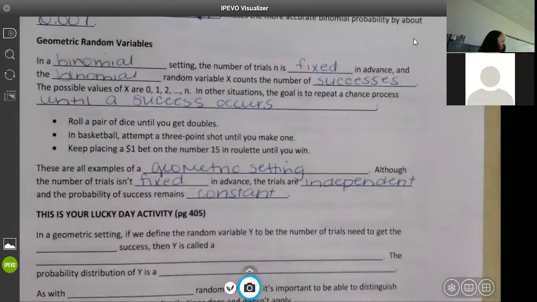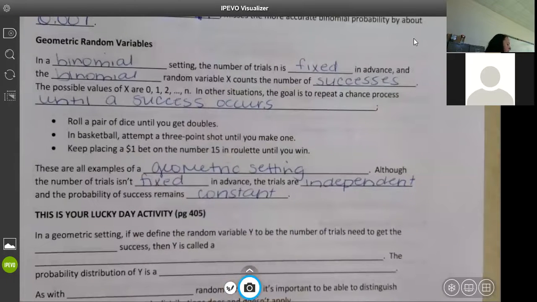Okay, so I'm going to read this lucky day activity for you. I didn't put it in here because it's kind of long, but this is what the activity is. Your teacher is planning to give you 10 problems for homework. As an alternative, you can agree to play the lucky day game. Here's how it works. A student will be selected at random from your class and asked to pick a day of the week, for instance, Thursday. Then your teacher will use technology to randomly choose a day of the week as the lucky day. If the student picks the correct day, the class will have only one homework problem.